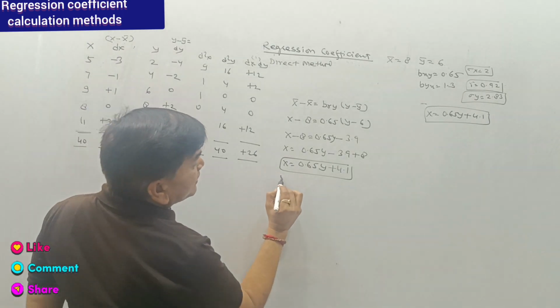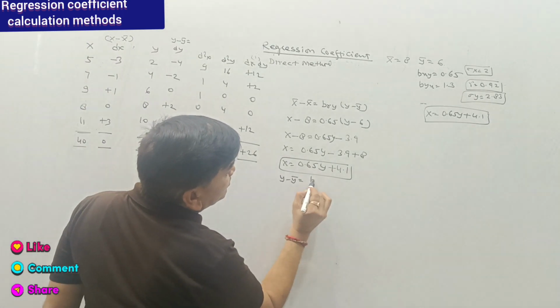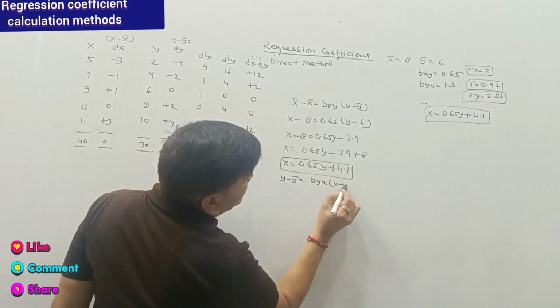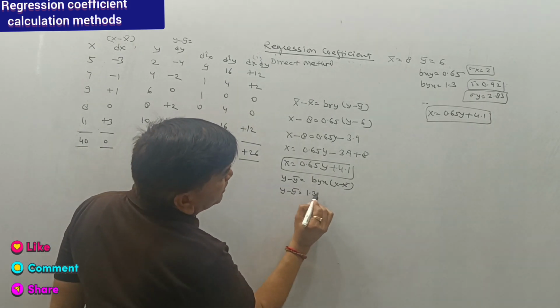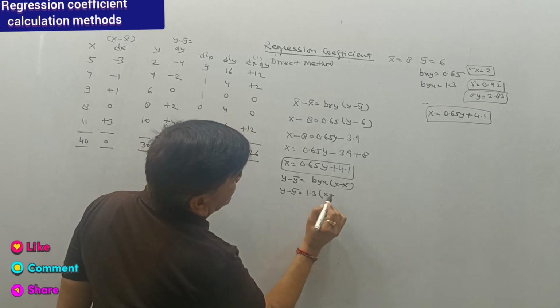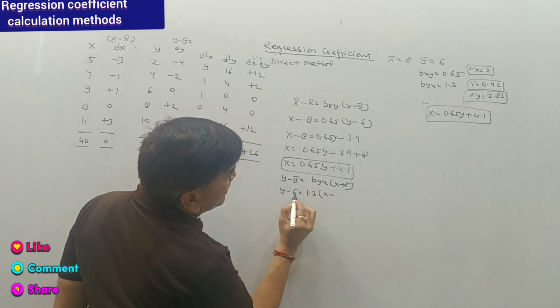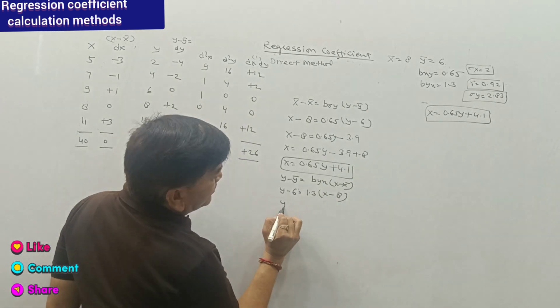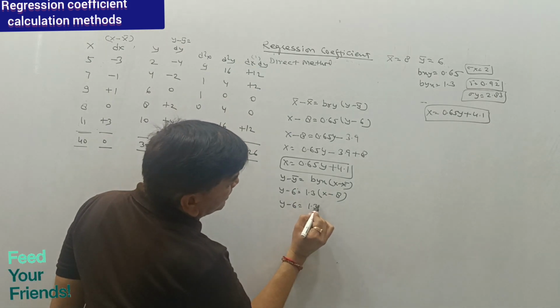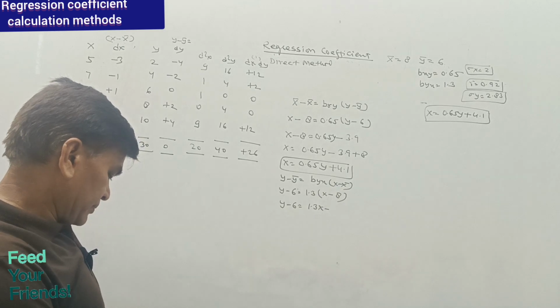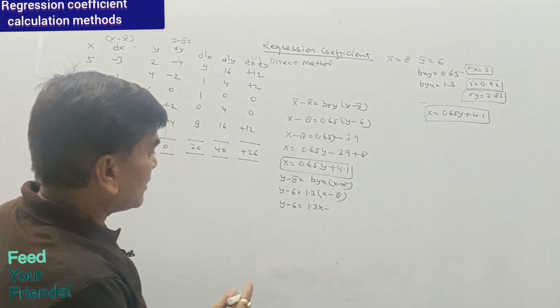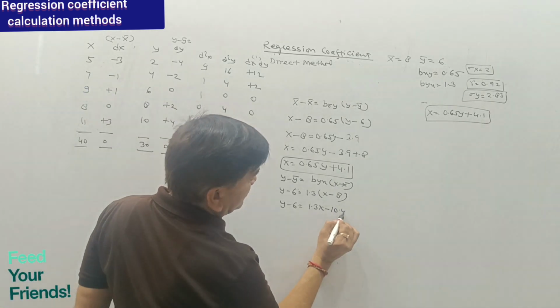Y on x: y minus y bar is equal to byx times x minus x bar. So y minus y bar, byx is 1.3, y bar value is 6, x bar value is 8. So y minus 6 is 1.3 times x minus 8, that is 1.3x minus 10.4.